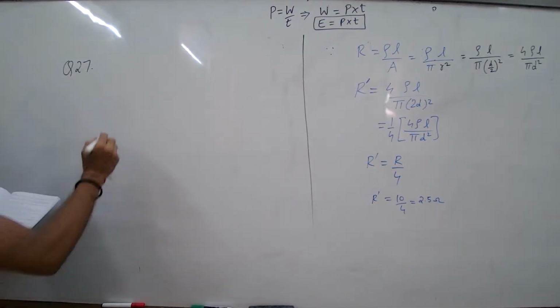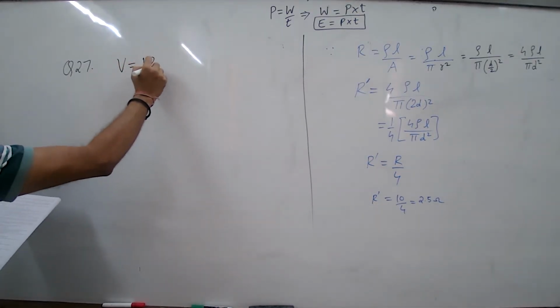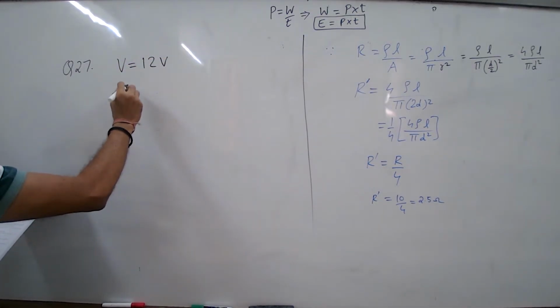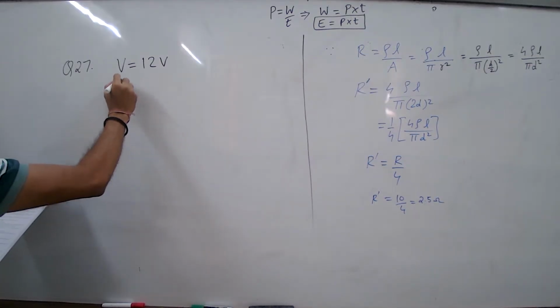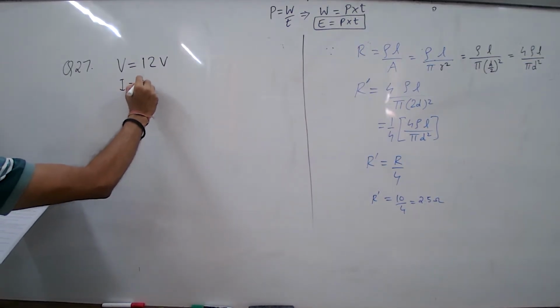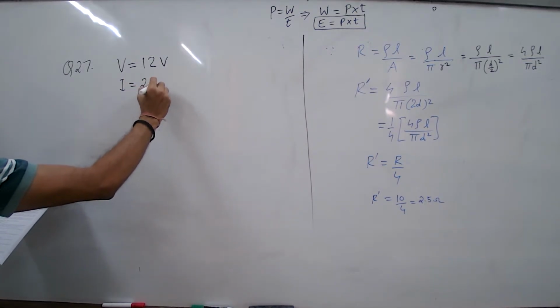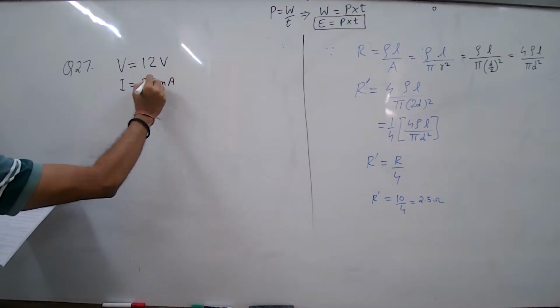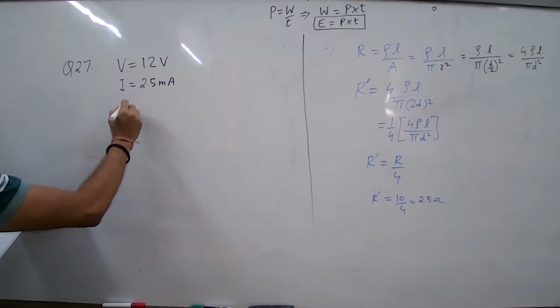A 12-volt battery, E equal to 12 volt, is connected across another resistor with a current given. Find the value of resistance of the resistor.